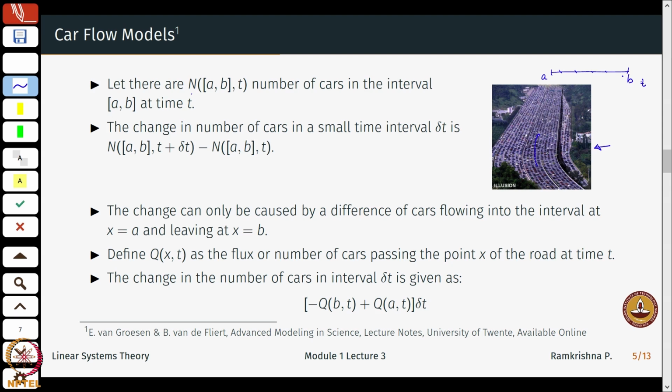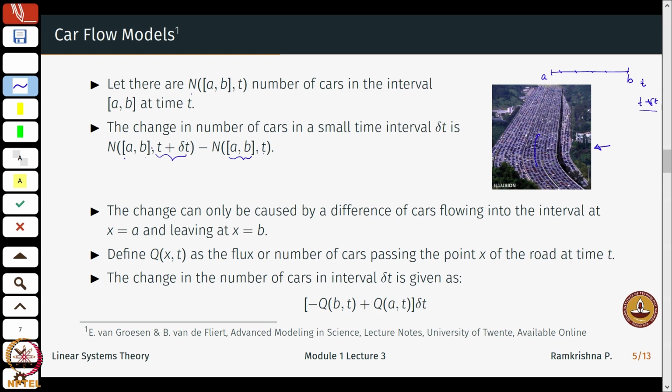Okay. Now, what happens from t to t plus delta t? Well, it is moving traffic, so the number of cars could possibly have changed. So, the change in the number of cars in a small interval delta t is just a difference. I look at the number of cars in the interval A B at time t plus delta t minus the number of cars in the interval A B at time t.